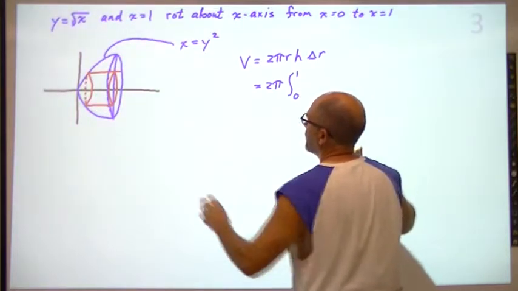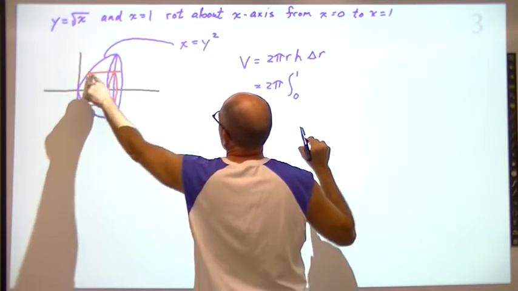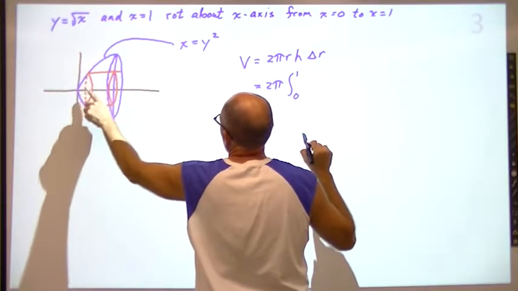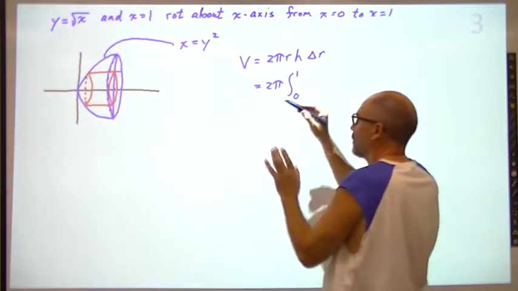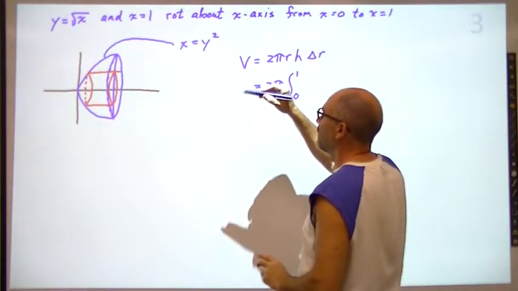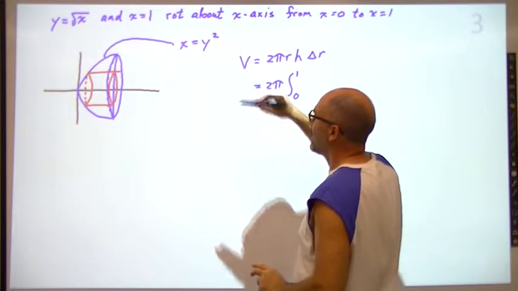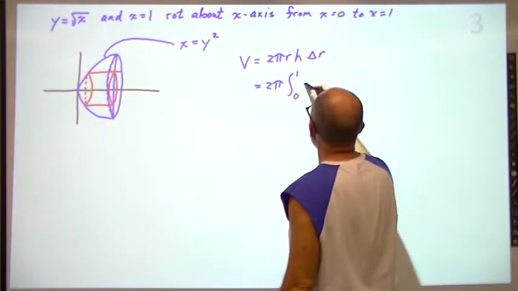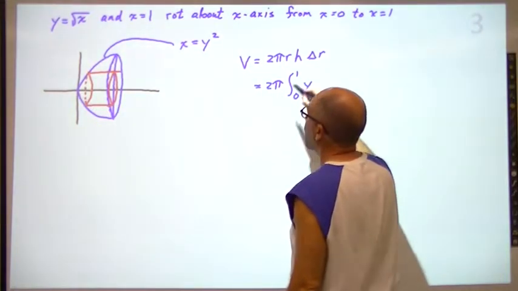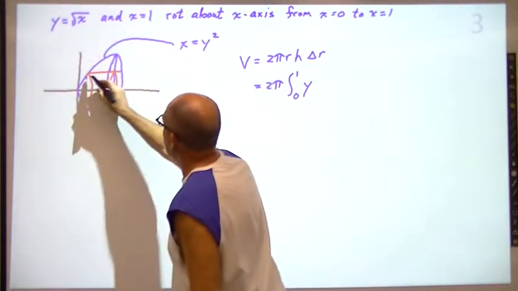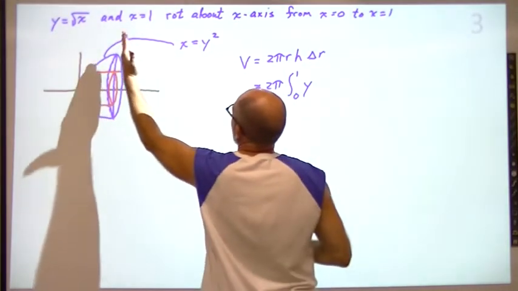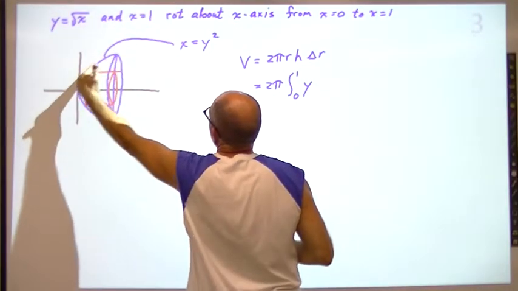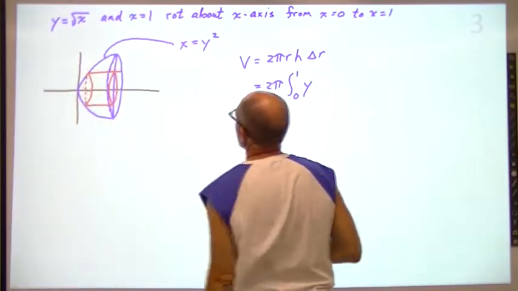Now the radius of this is going to be a y value. As we sweep the cylinder through this thing, it's just going to give us different y values as we go up. So 2 pi, the radius is y. Now the height is going to be the distance across here, which is going to be 1 minus y squared.